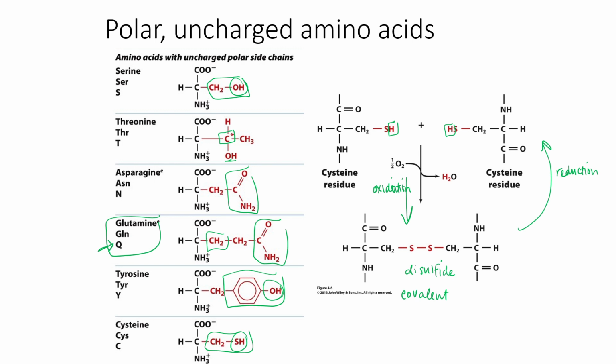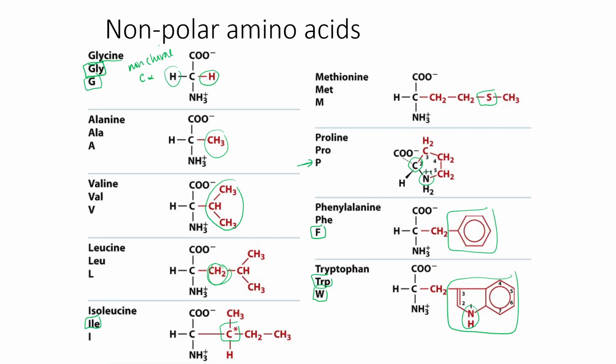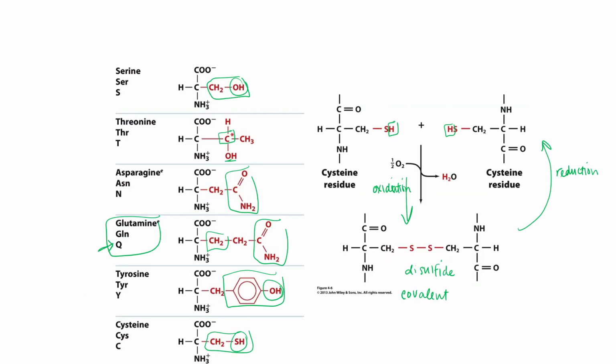Keeping the structures categorized in the right category can also sometimes be a little bit tricky. Like we mentioned for our nonpolar ones, depending on what source you use, something like methionine or tryptophan could be considered polar because of those sulfur and nitrogens that are included. Sometimes tyrosine is even considered nonpolar because it has this big bulky aromatic group.